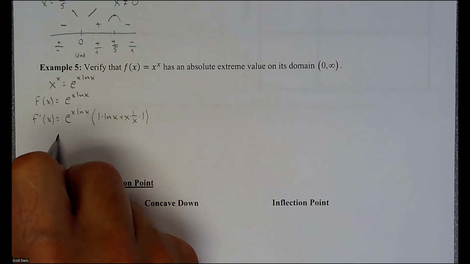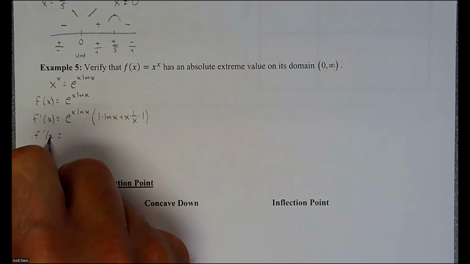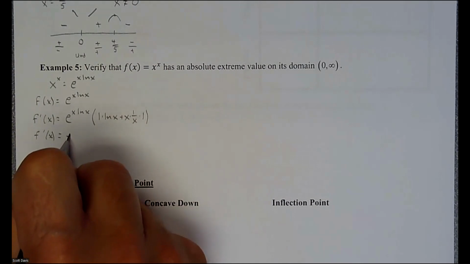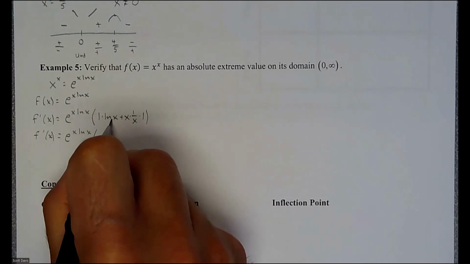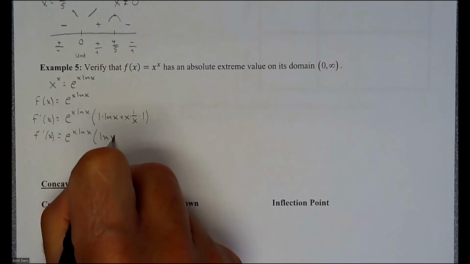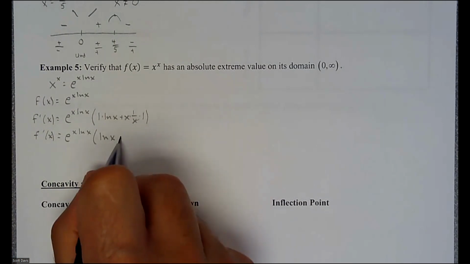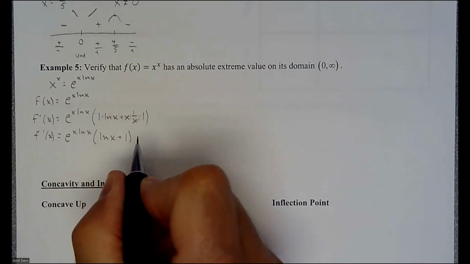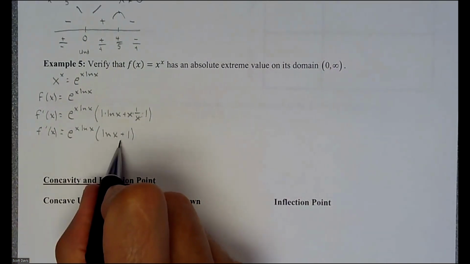So if we clean all that up, we're looking at the derivative being e to the x natural log x times natural log x. 1 times 1 over x, those things are going to cancel each other, so that just turns out to be a 1.